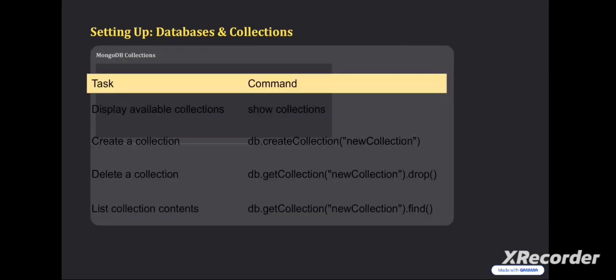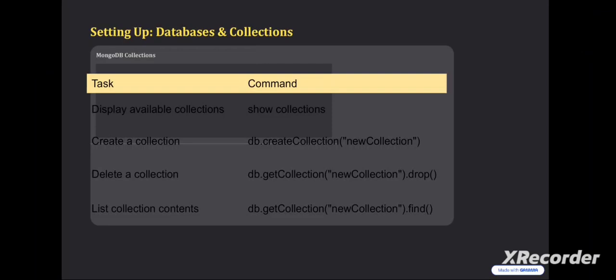Similarly, there are certain other queries to create a collection explicitly. We can do db dot createCollection, and we can provide some collection name. So the other way is, if we directly insert some documents, the collection will be automatically created. So another way of creating an empty collection is db dot createCollection.